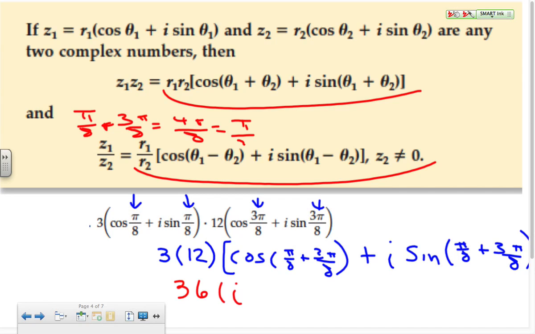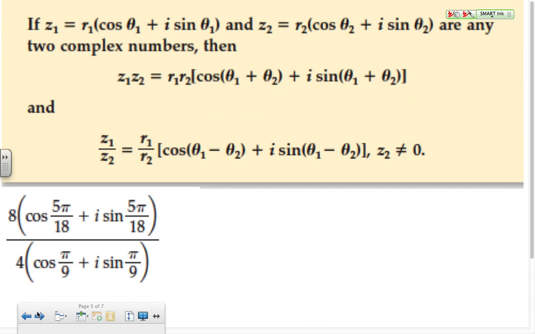So it's just 36 times i, which is 36i. And that is my answer. All I did was plug in a formula and use the information I already know. I hope you realize by now why I was trying very hard for you to memorize those unit circle values. If you don't know your unit circle, you're going to be lost.